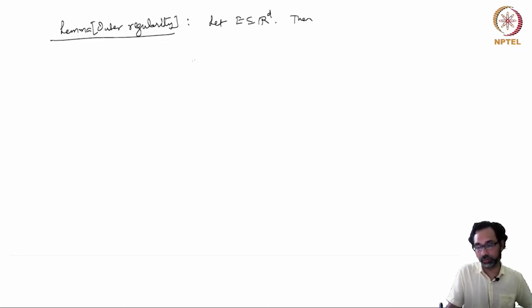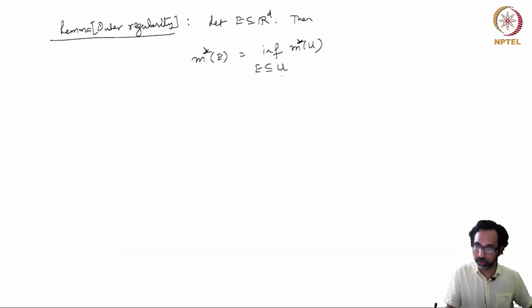Then we have a formula for the outer measure given by the infimum of the outer measures of sets U that are supersets of E, such that each of these U's is open.